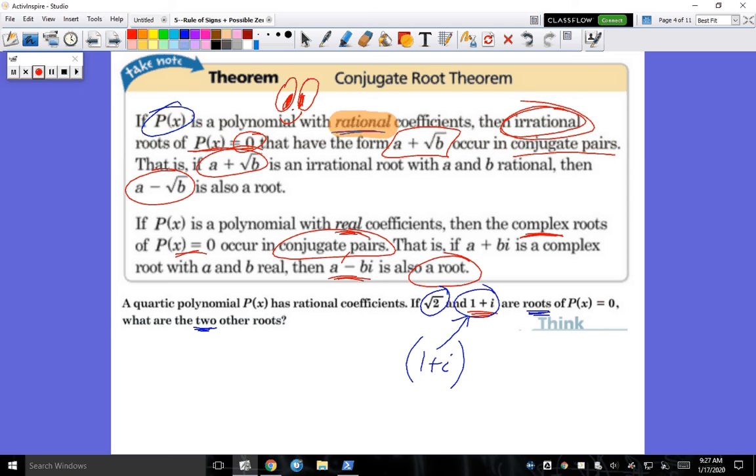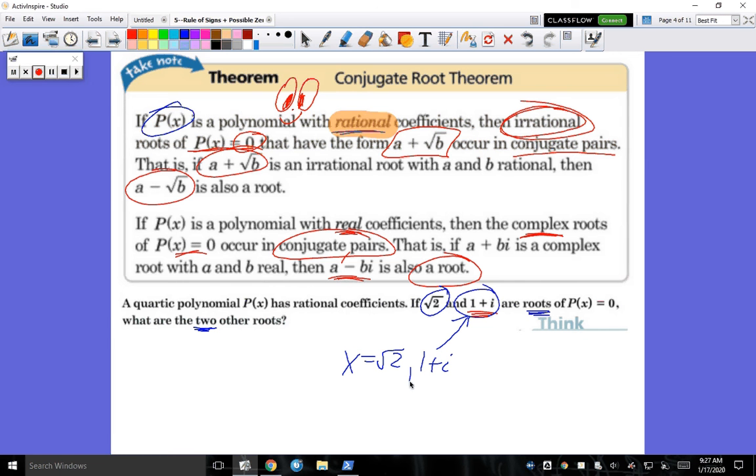What they were just given were x-intercepts that look like this. X equals root 2 and 1 plus i. Go with me? If root 2 is a root, and 1 plus i is a root, what will the other ones be?